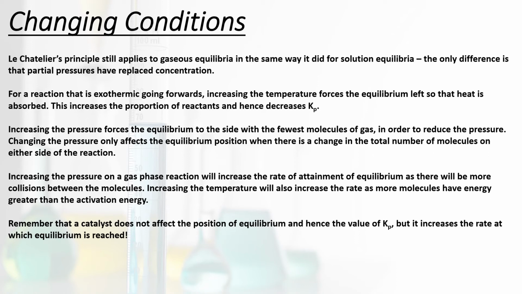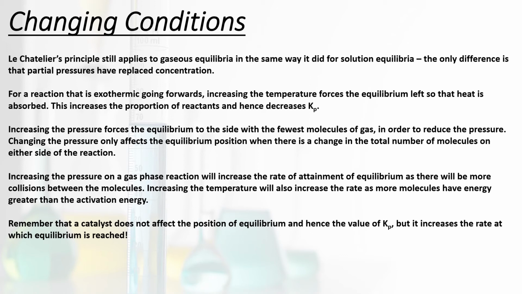By doing this, we produce more reactants, and hence if we write out our Kp expression, like when we looked at Kc and how the number of that can change, if we have increased our temperature for this exothermic reaction, the equilibrium shifts left, we make more reactants, therefore the bottom line of our Kp expression becomes greater, and we decrease our Kp number.